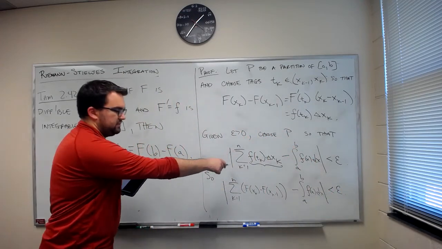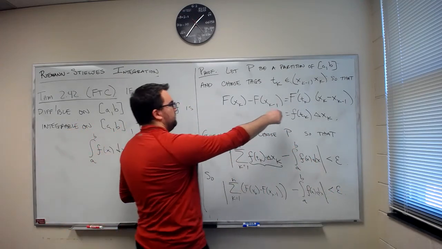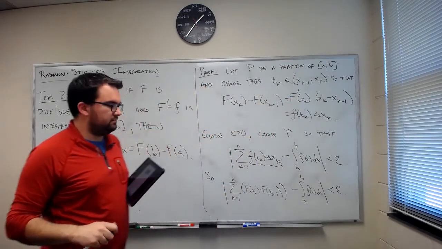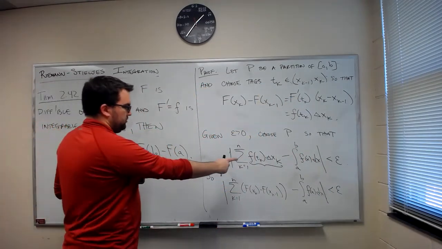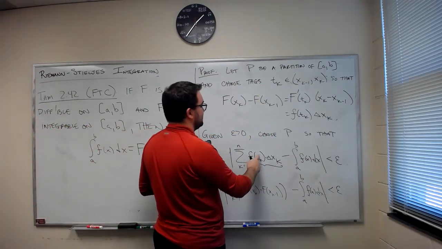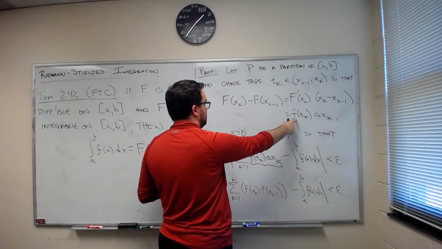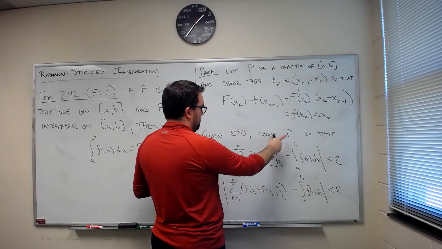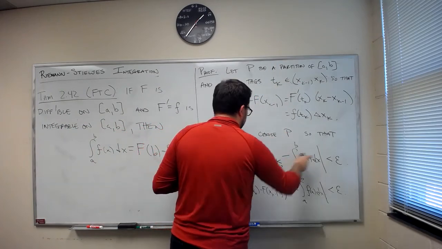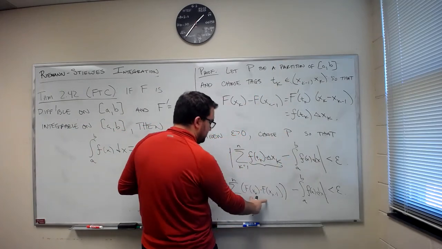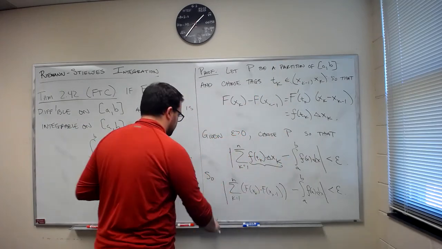Okay, so I've just replaced that with that from this previous observation. Again, it was my very special choice of tags, the way I'm choosing my tags. Given a particular partition, I'm going to choose my tags in this way. And so I choose my partition so that this works, but also choose my tags in this way so that I get this. Okay.